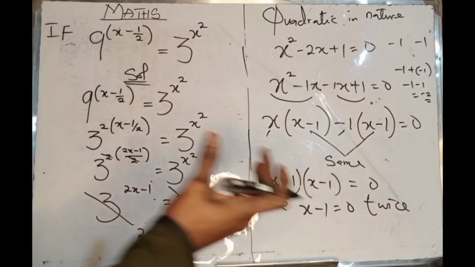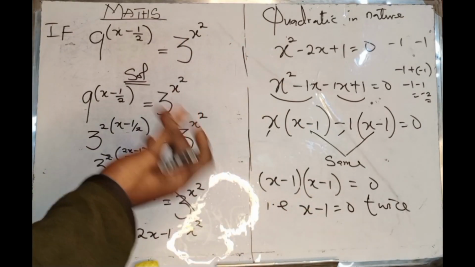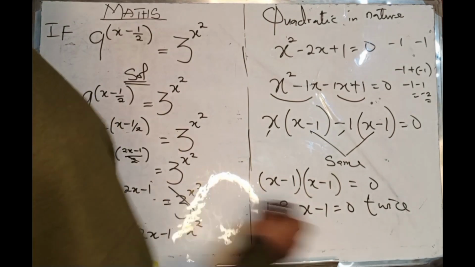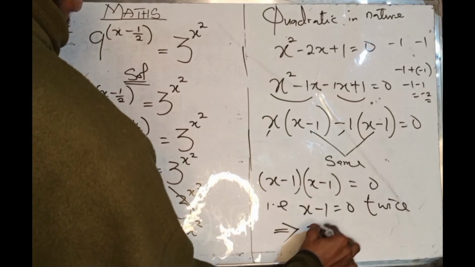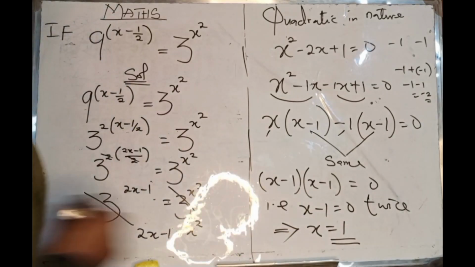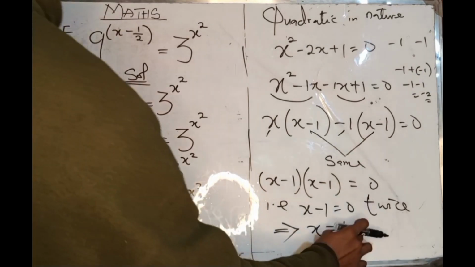Alright, so in a nutshell, my final answer, taking this one to the right hand side, becomes x equals 1. So the value of x in this question is 1.